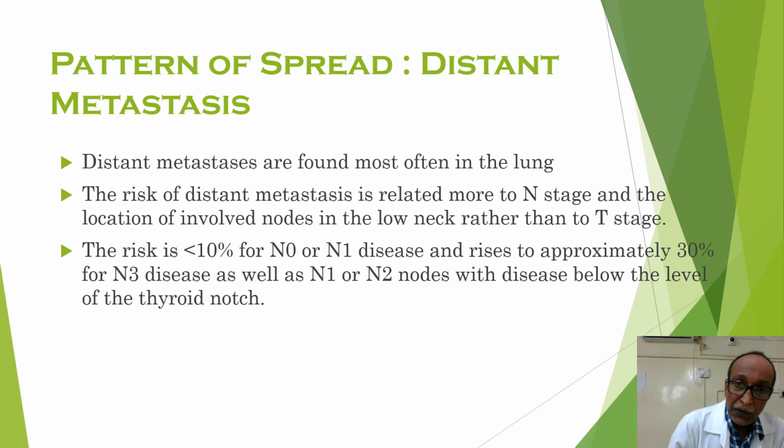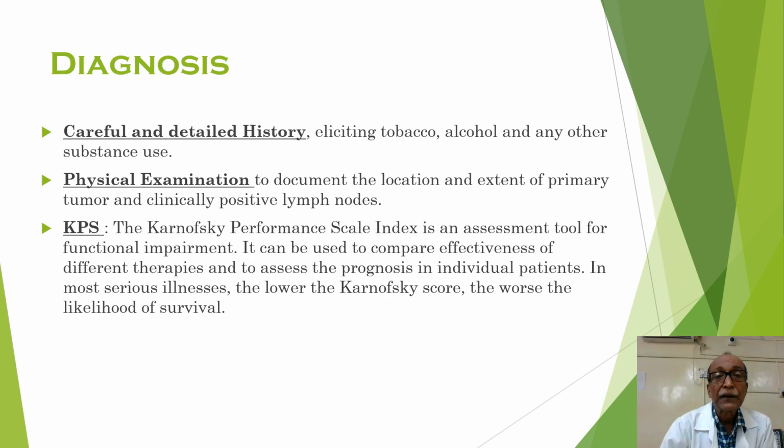As told before and now again, the risk of distant metastasis is related to N stage and the location of the involved nodes. The lower the nodes, the higher the chances of going to the lung. For example, the risk is less than 10% for N1 disease and rises to 30% for N3 disease.